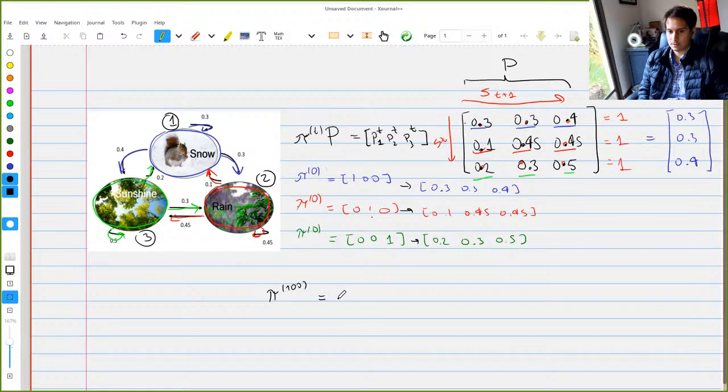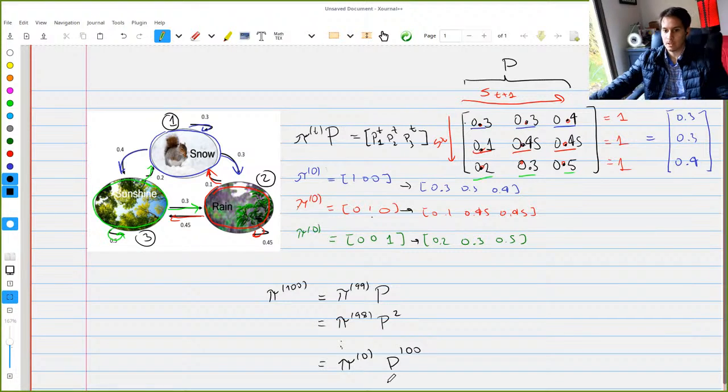That is pi 99 times P, and that is pi 98 times P squared, and so on. We end up with just pi 0 and P raised to the power of 100. And instead of calculating this by hand, let's just use Python.